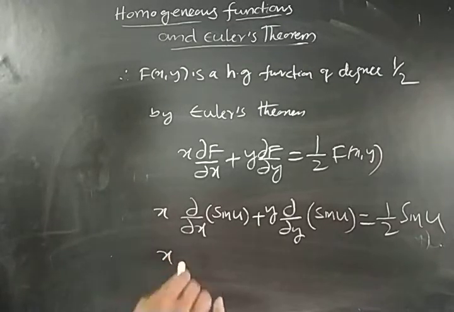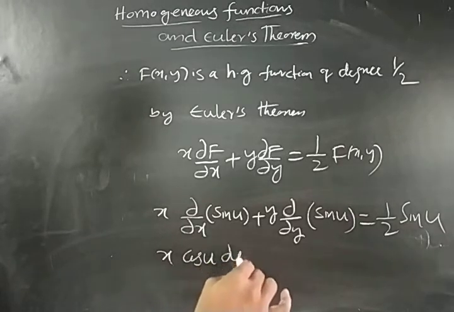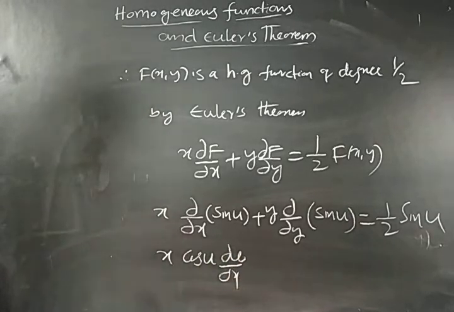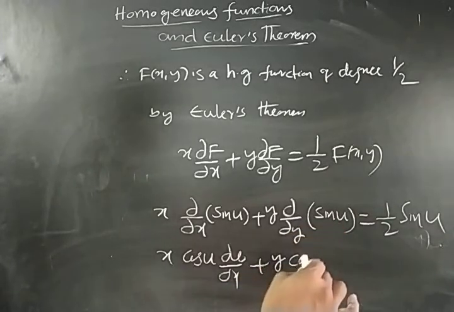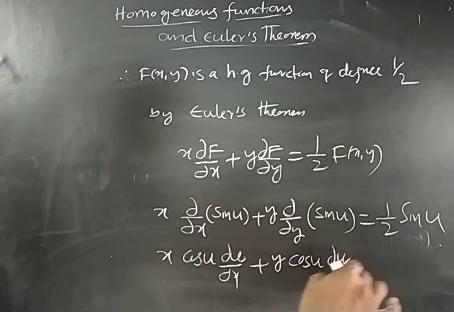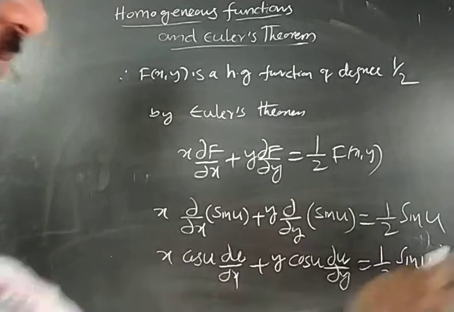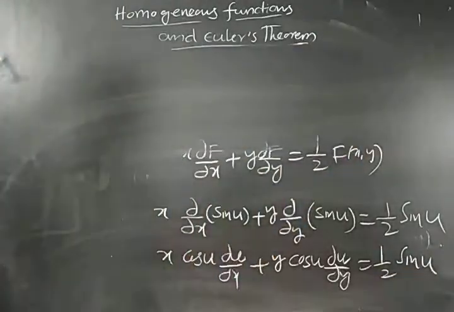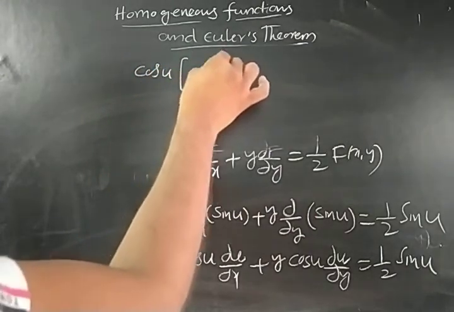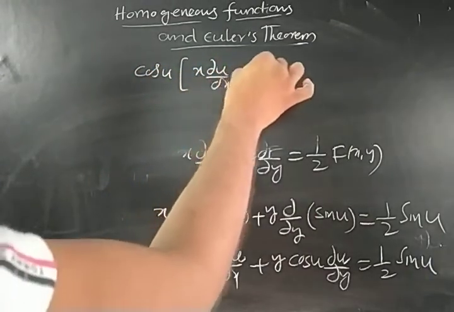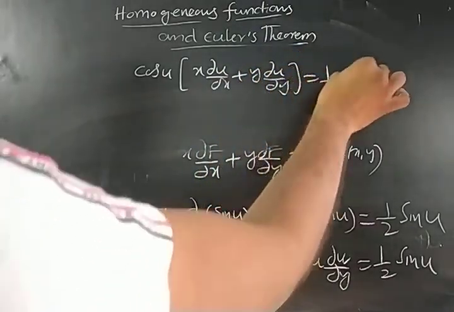So x into the derivative of sin u, you will get cos u ∂u/∂x, plus y into the derivative of sin u, again cos u ∂u/∂y, is equal to 1/2 sin u. Now take cos u common and send it to the right hand side. By taking cos u common, you will get x ∂u/∂x plus y ∂u/∂y is equal to 1/2 sin u.